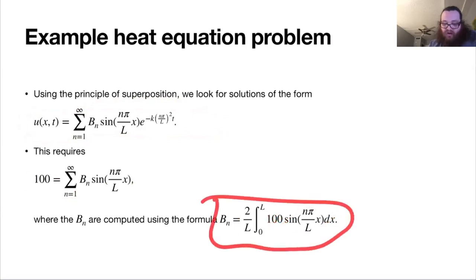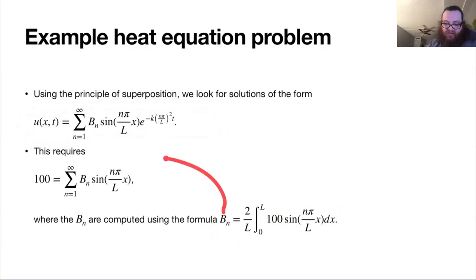Once you've solved for these coefficients, plug these back in there, and this will be your solution to the given problem. Okay. So this is a lot, but this is also the main tool that we'll be using for the rest of this course, and variants of this tool as well. Yeah.